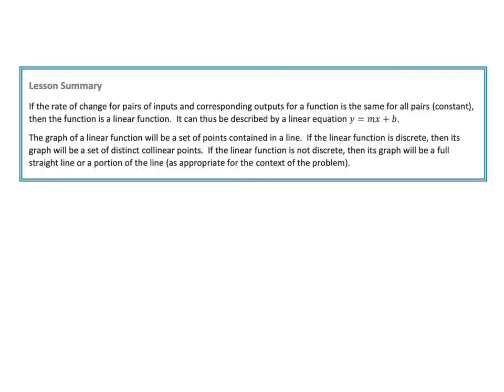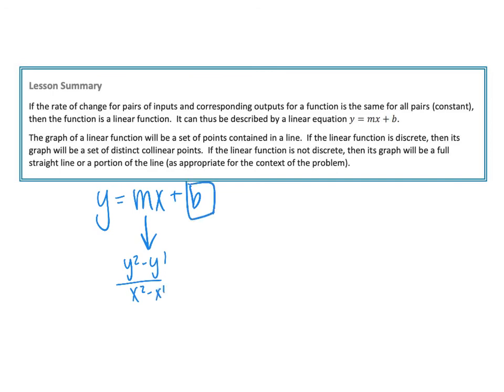Alright, just as a lesson summary again, we're writing our equations in the form of y equals mx plus b. We find our m by doing y2 minus y1 over x2 minus x1. We find our b by plugging in values for our x and our y to solve. Okay? Once we have that down, we can check it with every single row in our table, make sure it checks off.